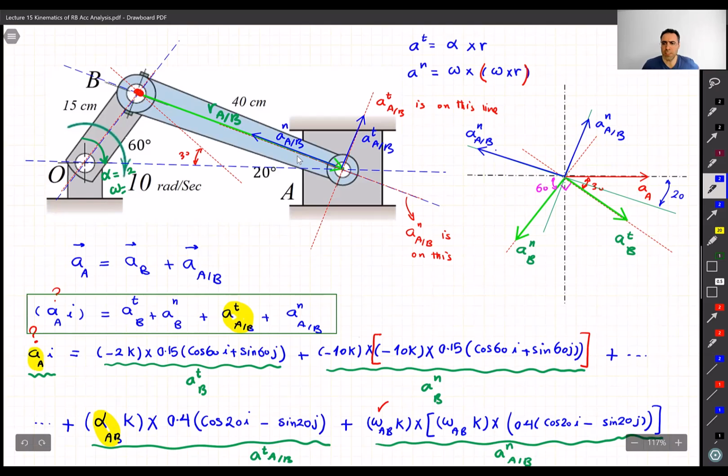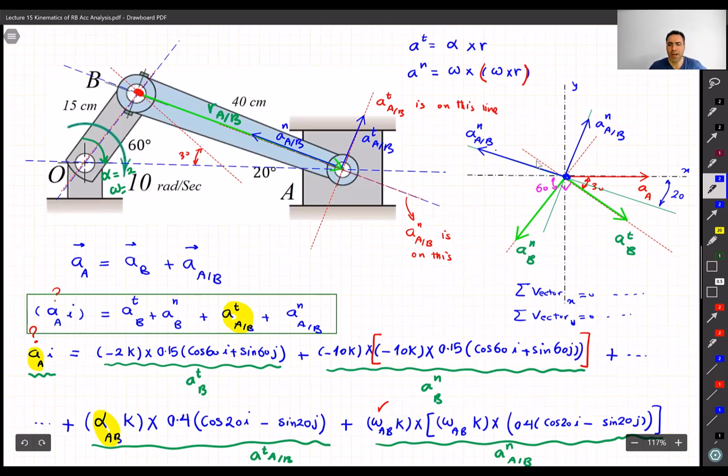So what do we do with this information that we have? It's just vectors, and we have some information, and these vectors, they are balanced. And you know from physics, or you know from your MEC 260, if you have a bunch of vectors and they are balanced, then the sum of the vectors in X and the sum of the vectors in Y must be 0.